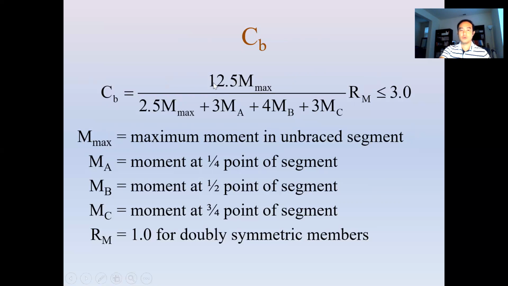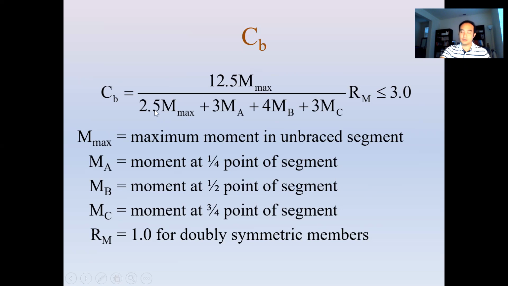It is 12.5 times the maximum moment, and in the denominator we have M max and M sub A, B, and C. M sub A, B, and C are the moments at the quarter point of the segment, the half point, and the three-quarter point. So we break the beam into 4 segments, take the moment values at the 3 corresponding locations, and include them in this equation.